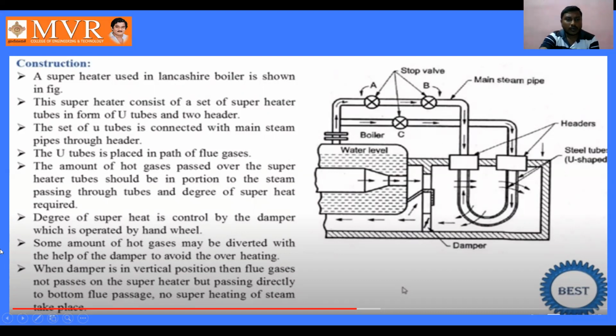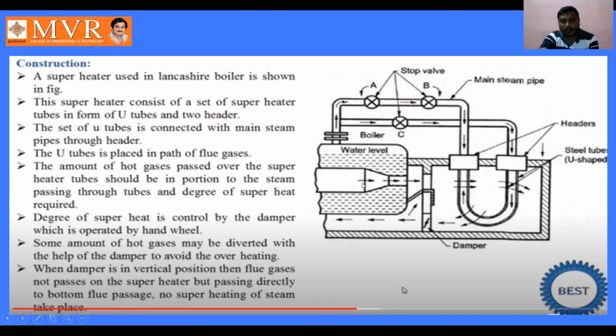The amount of hot gases passed over the superheater tube should be in proportion to the steam passing through the tubes and the degree of superheat required. The flue gases will flow inside this pipe, and the steam is surrounding this pipe.